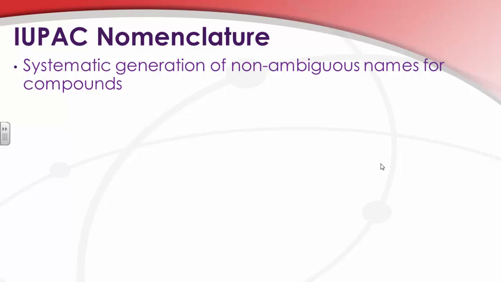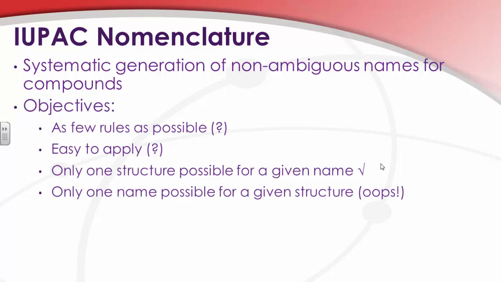So what do I mean by non-ambiguous? Well, non-ambiguous accomplishes one thing very, very well. Only one structure for a given name. What that means is if I try to patent a given name, no one can think it's a different structure. Now, the other objectives of IUPAC, we can argue about whether they achieve these things very well. They wanted to have as few rules as possible, which makes it as easy to learn as possible.